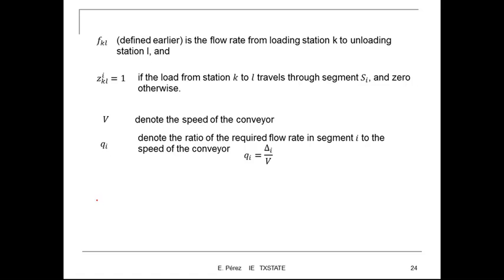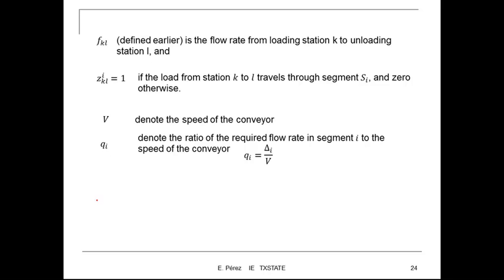F was defined earlier, it is the flow rate from loading station k to unloading station l, and Z_kli is equal to 1 if the load from station k to l travels through the segment Si, and 0 otherwise. Okay, so this is a value that is going to be assigned depending on the situation of the conveyor.